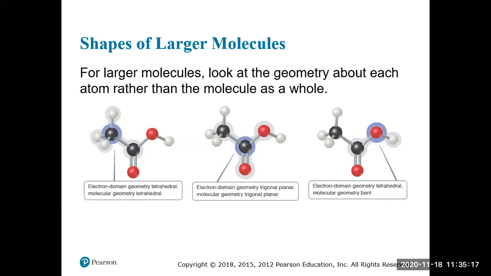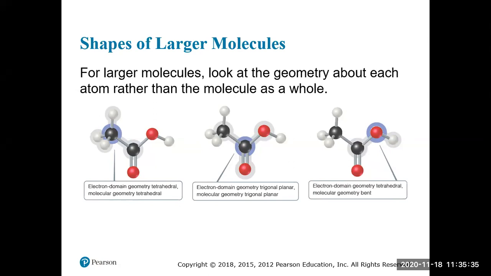We move over to the next, and in this case, we have a carbon with a double bond to oxygen, a single bond to a carbon, and a single bond to an oxygen.